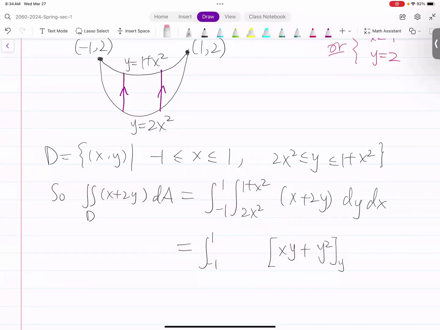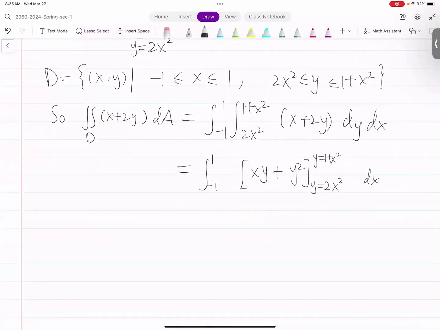So here we plug in y equal to the lower bound 2x squared, the upper bound is 1 plus x squared. Okay. So you need to be careful when you are plugging in these functional expressions. So that's the difference in this section. That's good.